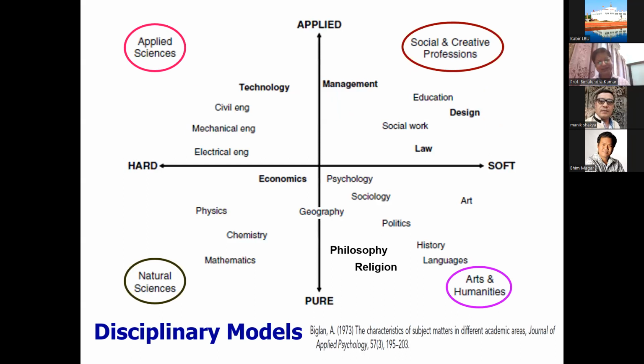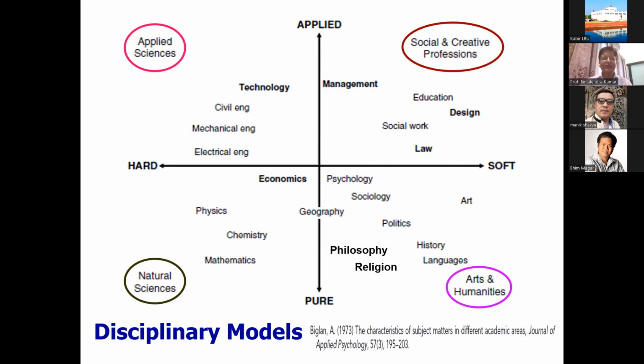Here, there are aspects of our research which are done. There are mainly four types of subjects: applied sciences, social creative professionals, natural sciences, and arts and humanities.